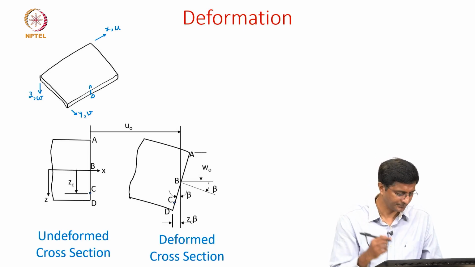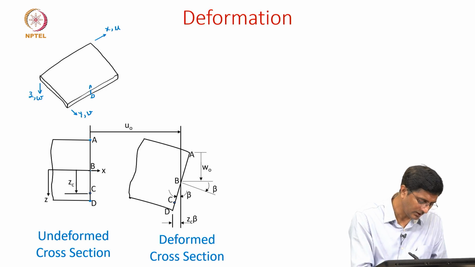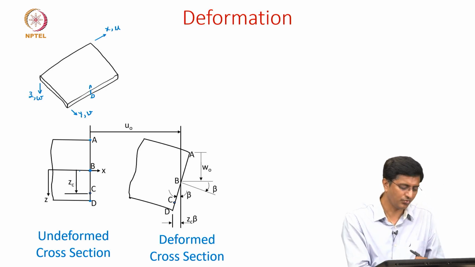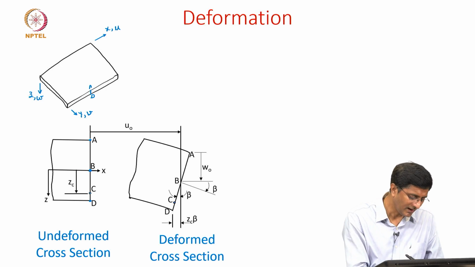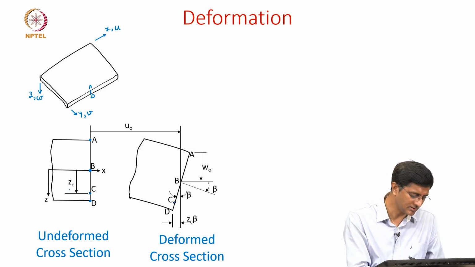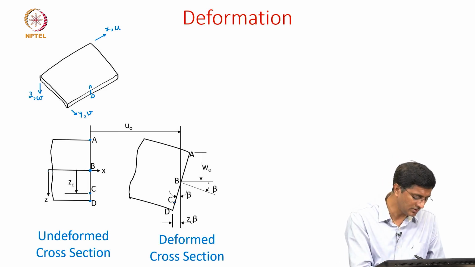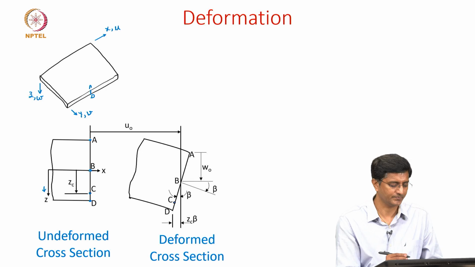So here I am showing you again the same line AD, but in this line we have point B, which falls on the mid surface, and C is some arbitrary point at a distance of zc from the mid surface. And here, as you can see, z is again going downwards, but it is 0 at the mid surface.